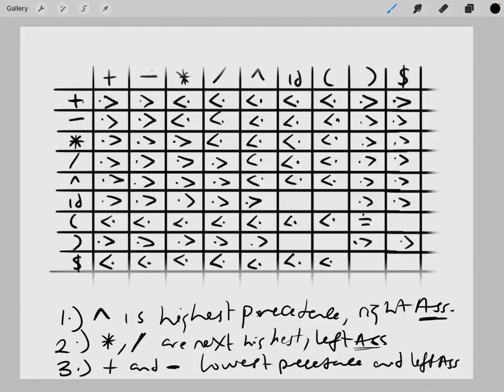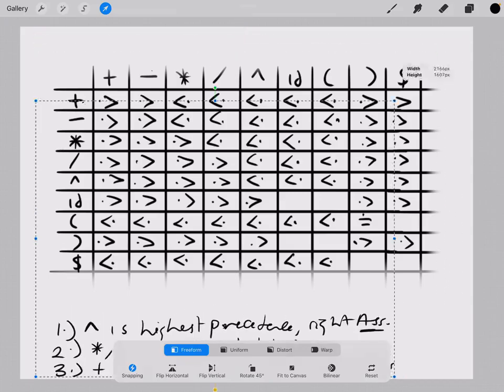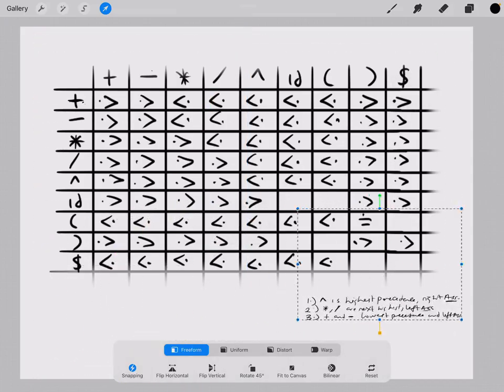They said plus and minus are the lowest precedence and they are both left associative. So let's say that plus and minus have similar precedence at this point, but since they are left associative, whatever is on the left is going to take more precedence over what's on the right. With that as our information, let me scale that down.